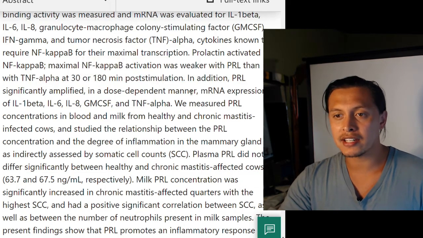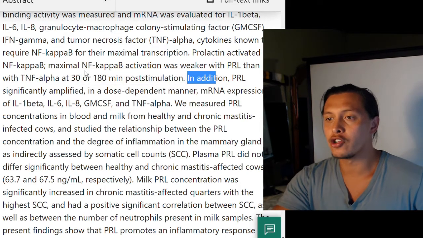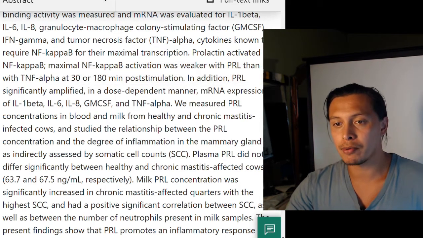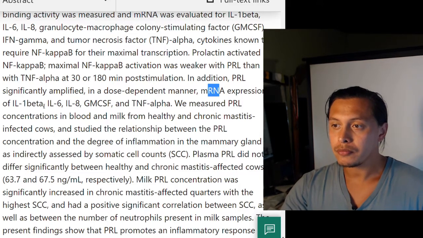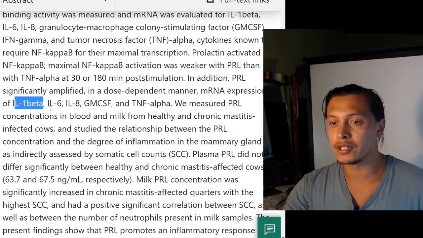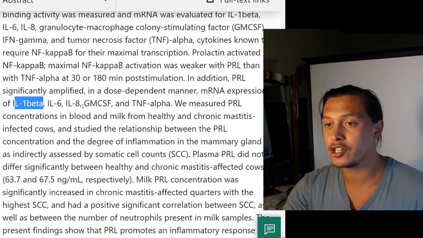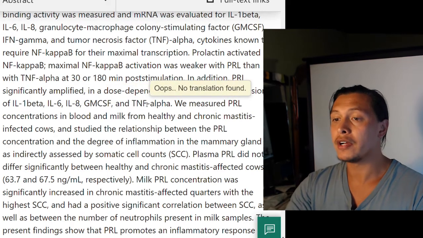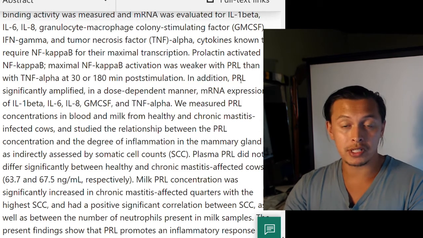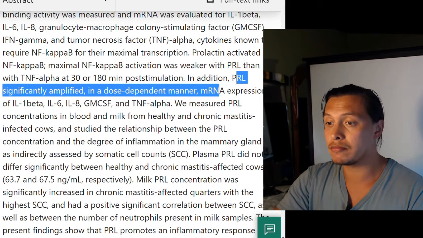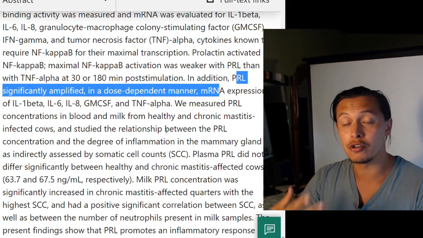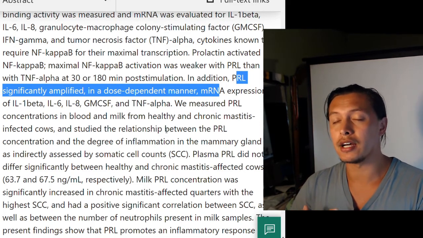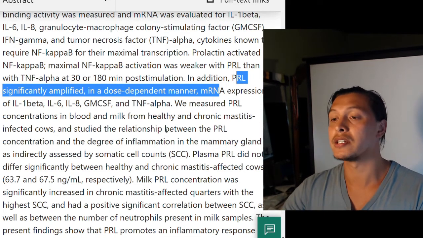In addition, prolactin significantly amplified, in a dose-dependent manner, mRNA expression of interleukin 1 beta, interleukin 6, interleukin 8, GM-CSF, and tumor necrosis factor alpha. So prolactin significantly increased it. So that's basically telling us that nuclear factor kappa B was definitely being stimulated.